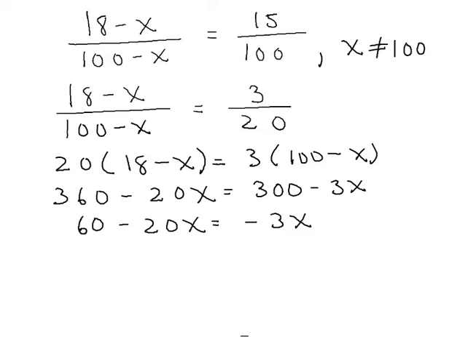And now if we add 20x to each side, we'll end up with 60 being equal to 17x. And dividing each side by 17 gives us the value 60 divided by 17 for x.